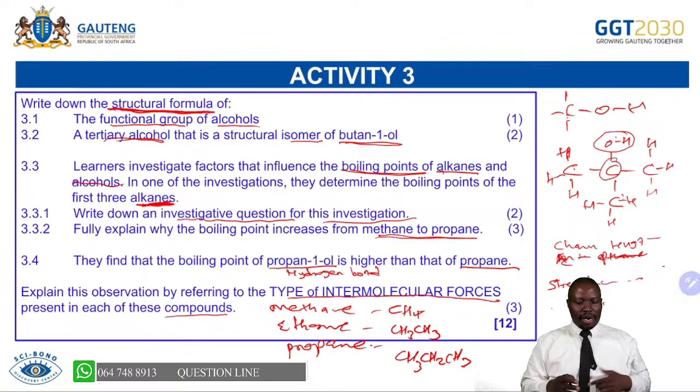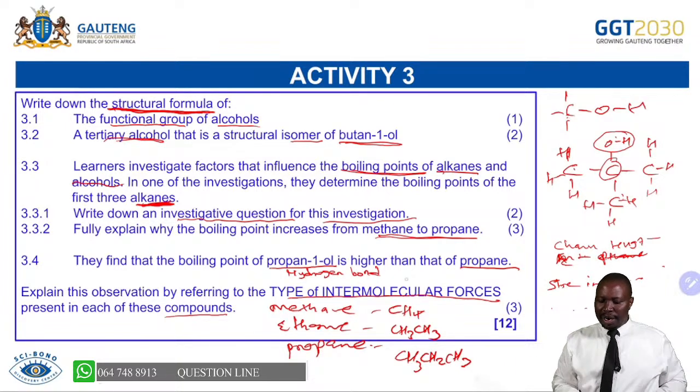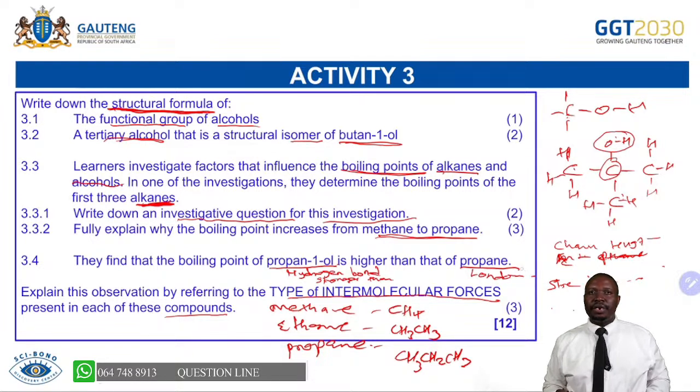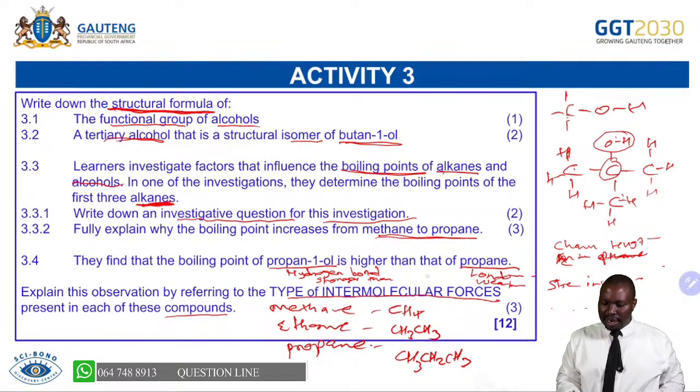But because you're comparing with another homologous series, you can simply say this one has hydrogen bond, propane has London forces. You go to the strength. You say the strength of intermolecular force for propan-1-ol is stronger than propane. The strength of intermolecular force for London forces is weaker than propan-1-ol.